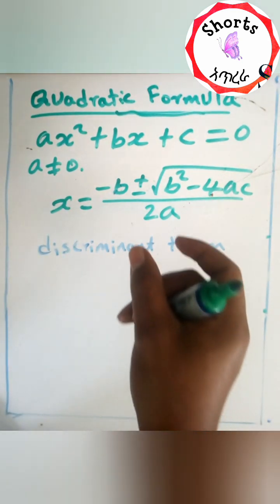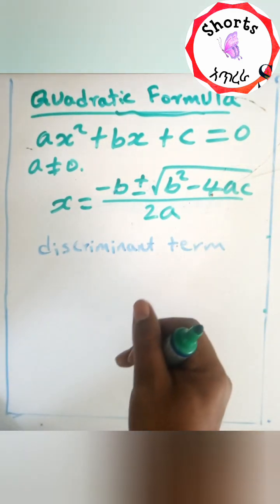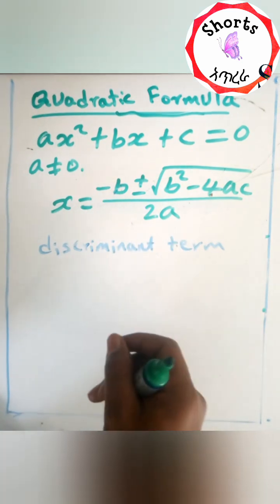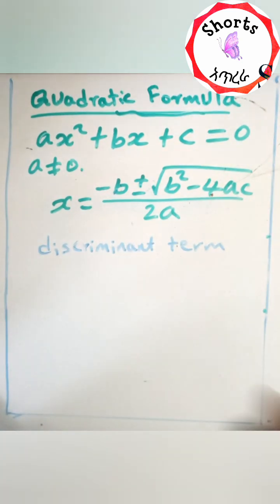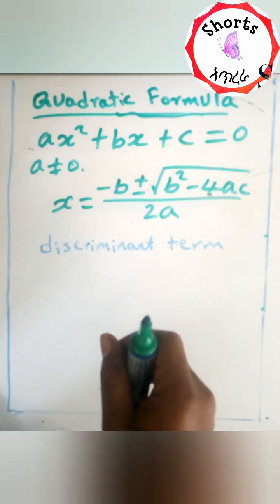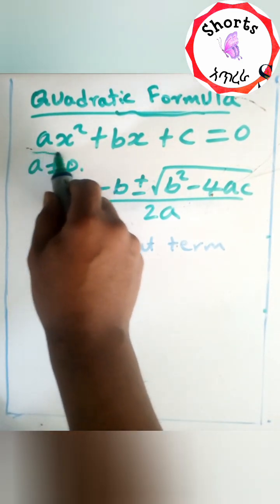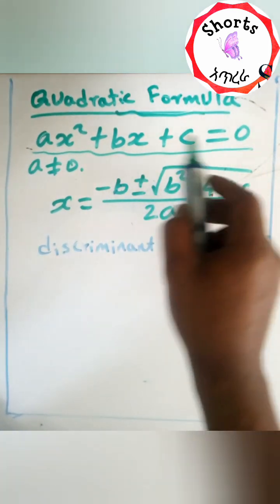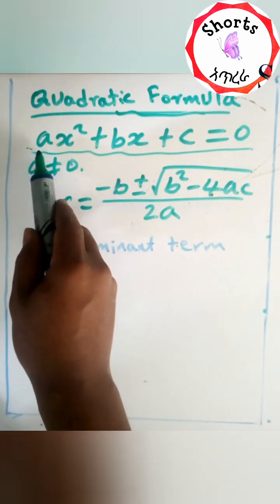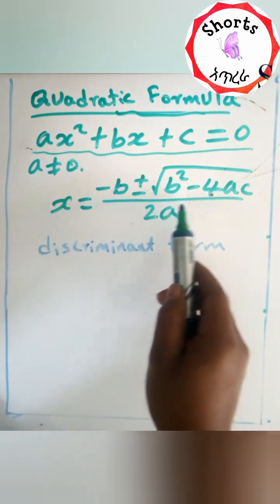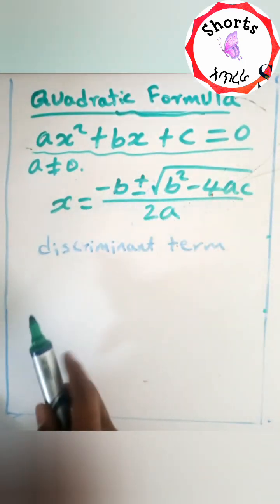Before we find the solution by using the general formula, first of all you have to reduce the given equation into this form. After that, you can easily determine the values of a, b and c and substitute them in the quadratic formula.